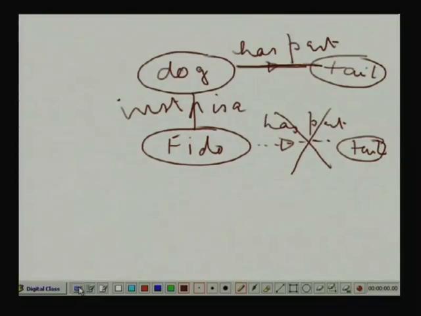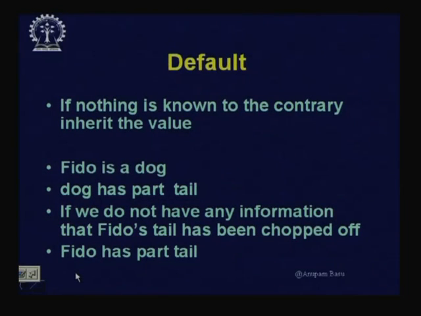Whereas, in the case of generic systems or generic properties, we do not have the scope of overriding, because that is generic to that class and any subclass will have to inherit that. So, under normal circumstances, we would have inferred that Fido has part tail.